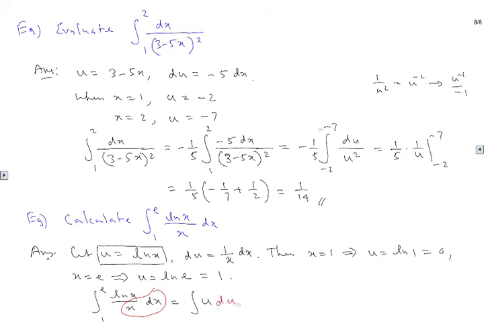Perfect. And the limits are 1 becomes 0, e becomes 1. So this is now u squared over 2, from 0 to 1. So you plug in 1, you get 1/2, 0 means 0, so you get 1/2. Very simple, and that's the whole integral.